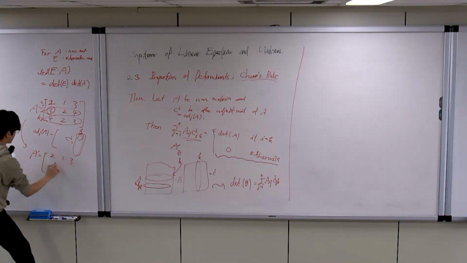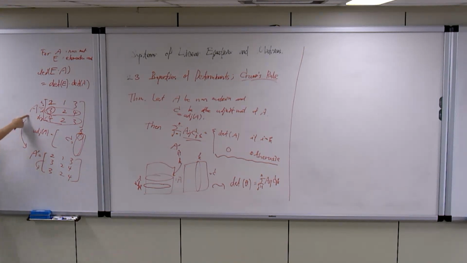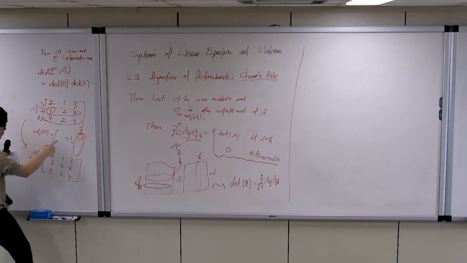2, 1, 3, 3, 2, 4, 3, 2, 4. It is changed from the ith row to the kth row.